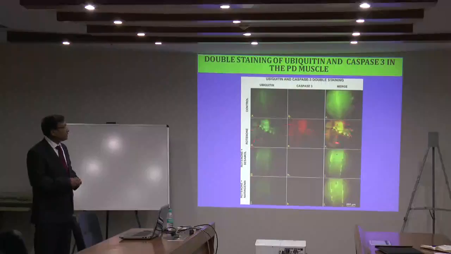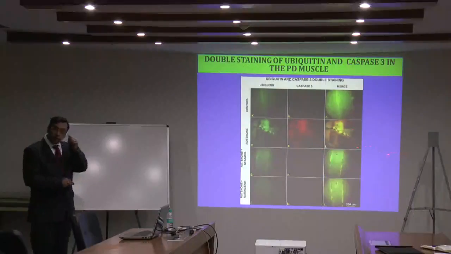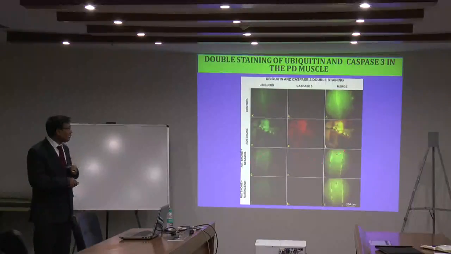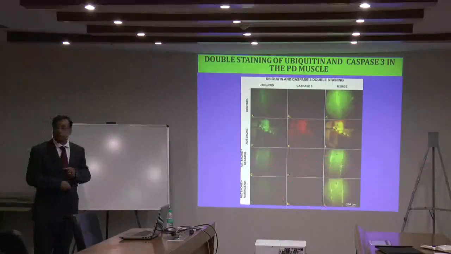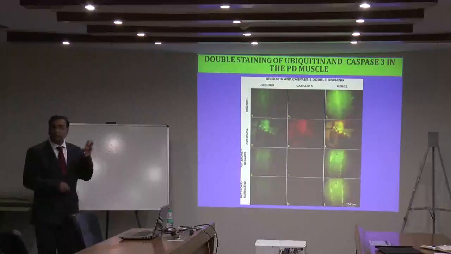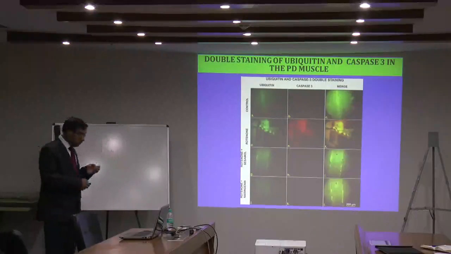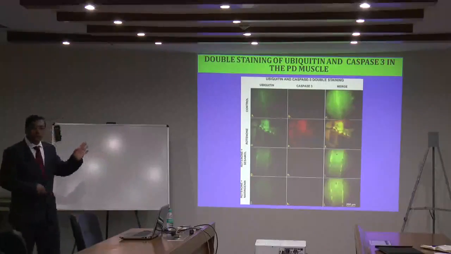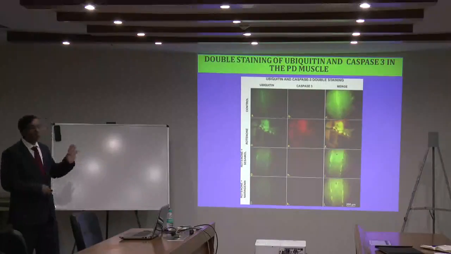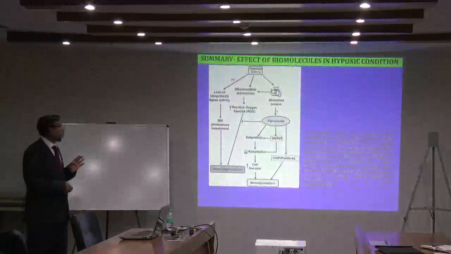In the case of the proteasome, the green and red make yellow, so these are co-localized in the same muscle fiber tissue, while upon adding this small molecule, this is gone. So we checked the brain, we checked the muscle, we checked four different drugs, and proved that indeed these pathways are active and somehow we can rescue them with the help of small molecules and engineering.